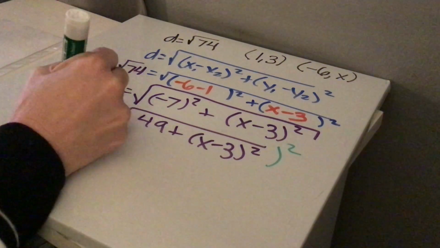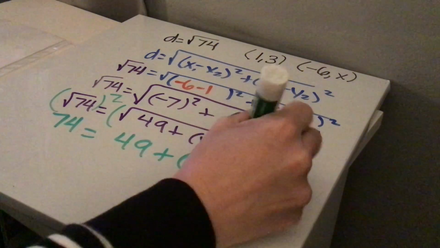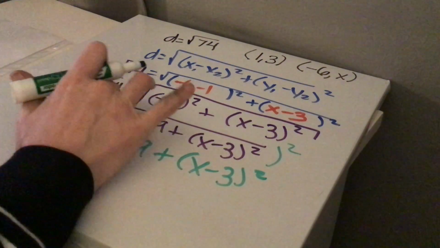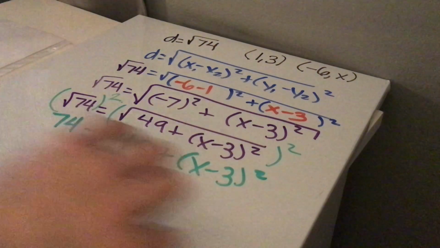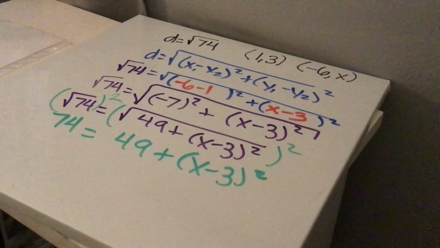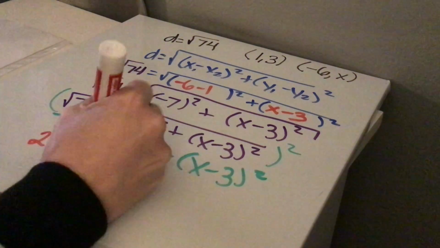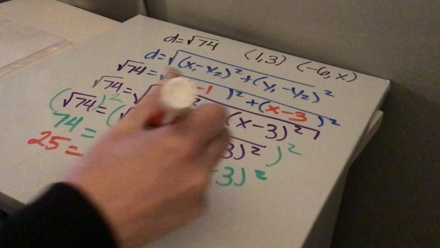So we get 74 equals 49 plus x minus 3 squared. Then start isolating x. So I would subtract 49 from both sides, and you get 25 equals x minus 3 squared.